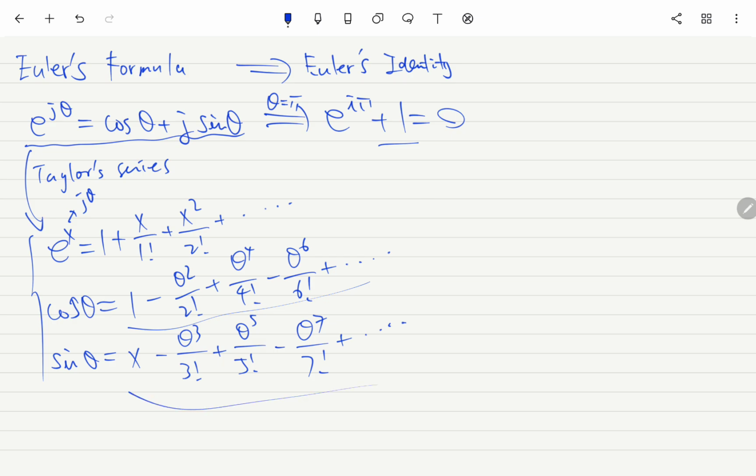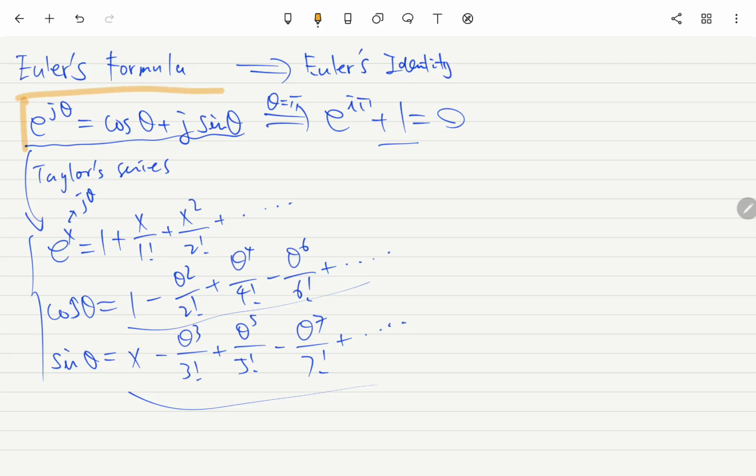This is not a rigorous proof because the Taylor series expansion comes from the real value domain, but here we plug in a complex value into that function, so we hope that it still converges. Anyway, it is not rigorous, but it will be sufficient for engineering students, I suppose. So this is Euler's formula.